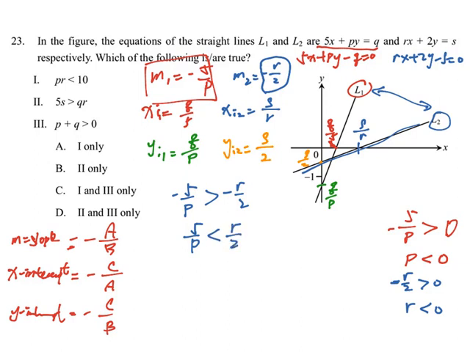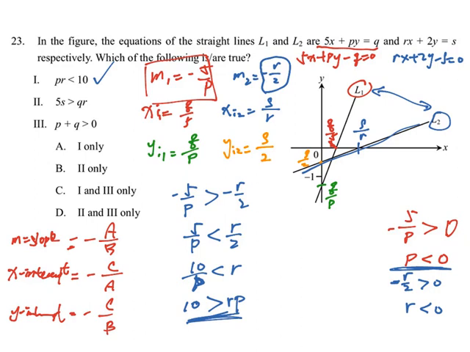That means change the direction. So that means 10 over p is less than r, because p is negative. So when we multiply the right hand side, it will change the sign. It becomes pr or rp. So we can see 1 is correct because of this.